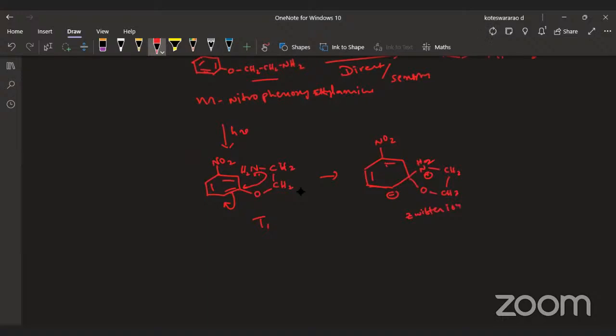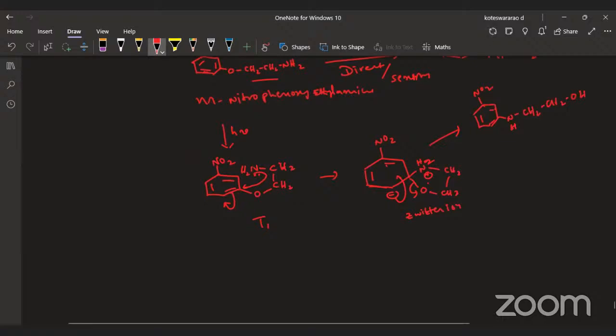Now for the other, it is elimination of this negative charge, elimination of this OH, followed by the elimination of a proton from the nitrogen, which leads to the formation of the respective product. The NH, CH2, CH2, OH derivative is generated. So that is the mechanism.